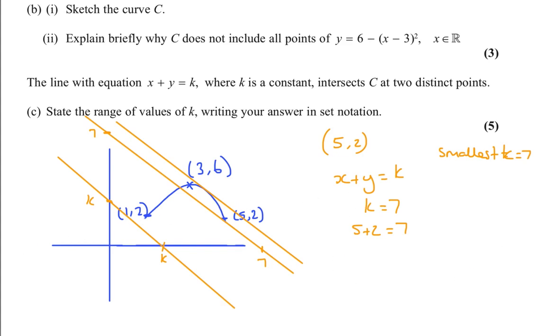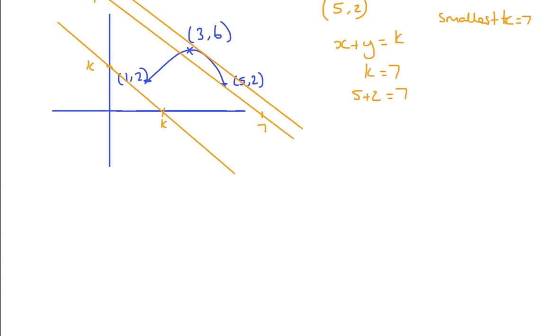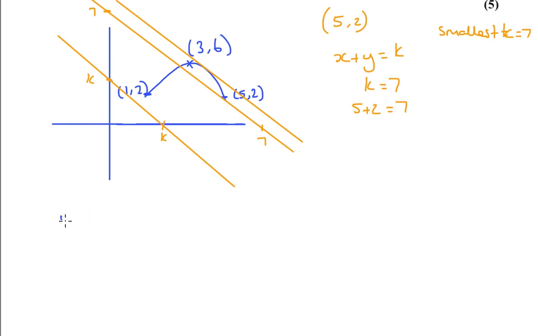Lines are tangents to curves when they only have one solution. So if we say we want y equals 6 minus (x minus 3) squared and y plus x equal to k, we want them to have one solution.